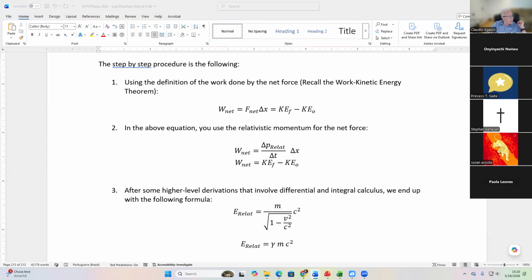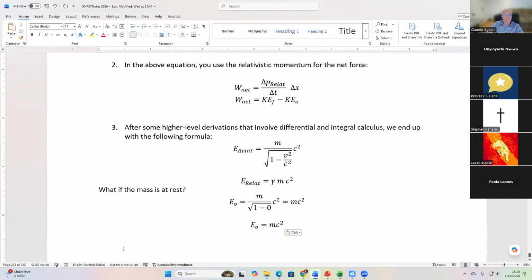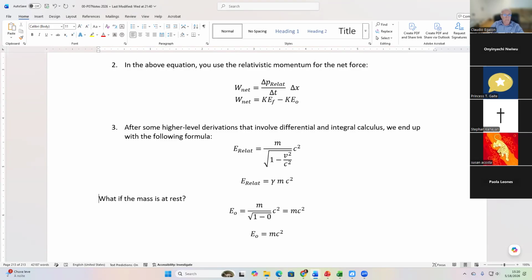Once the mass is at rest, E naught refers to the rest energy.